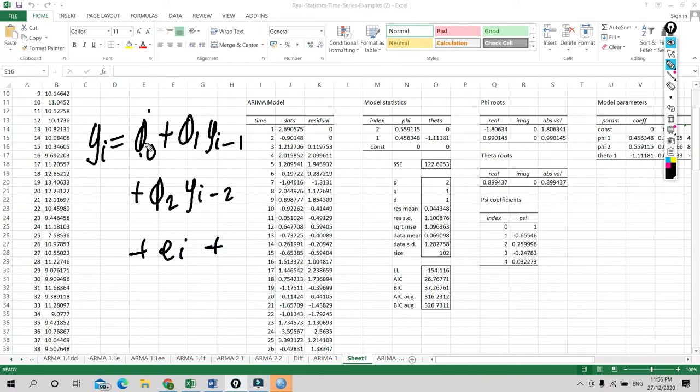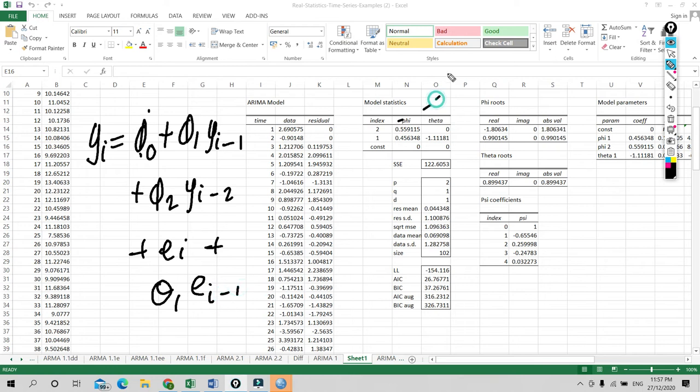This is the AR2, isn't it? And plus the MA1, which is theta 1 epsilon_{i-1}.